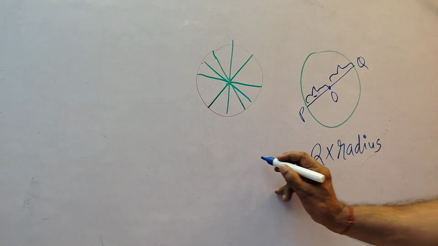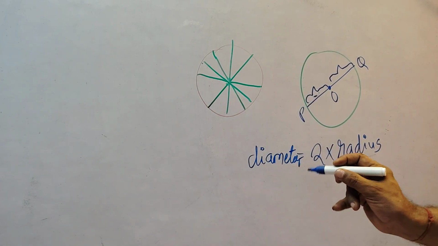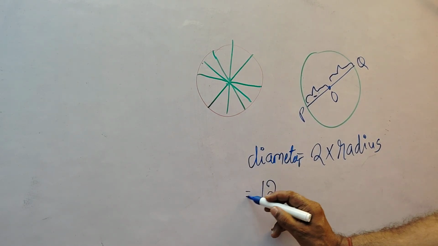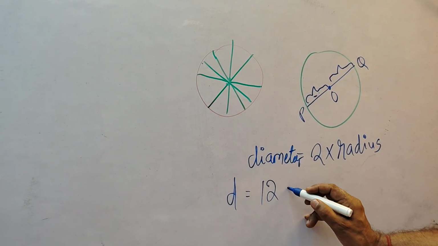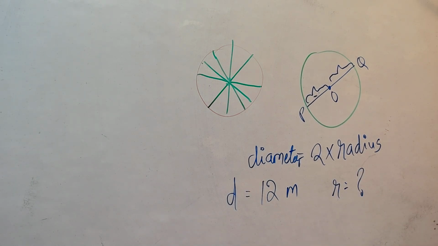2 times the radius is equal to the diameter. So if the diameter is 12 meters, what is the radius?